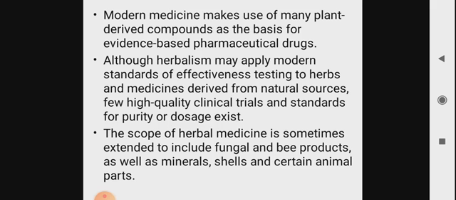The scope of herbal medicine is sometimes extended to include fungal and bee products as well as minerals, shells, and certain animal parts. In short, modern medicine or allopathy medicines are derived using plant based products or compounds.